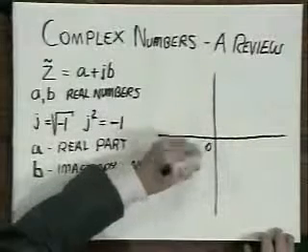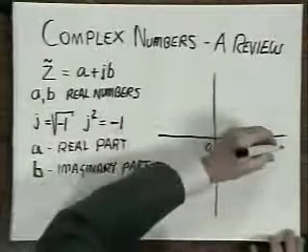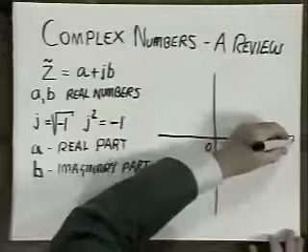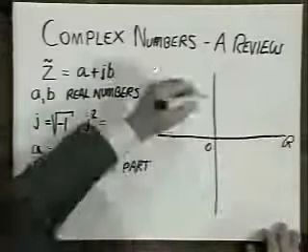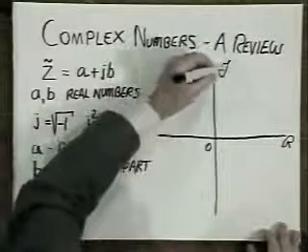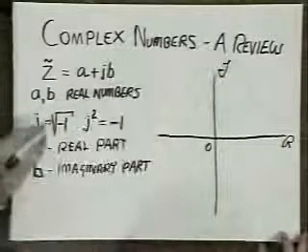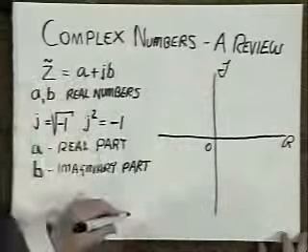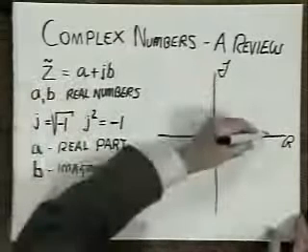This is the origin. The x-axis will represent the real part, and the y-axis represents the imaginary part. So the complex number, Z equals A plus JB.